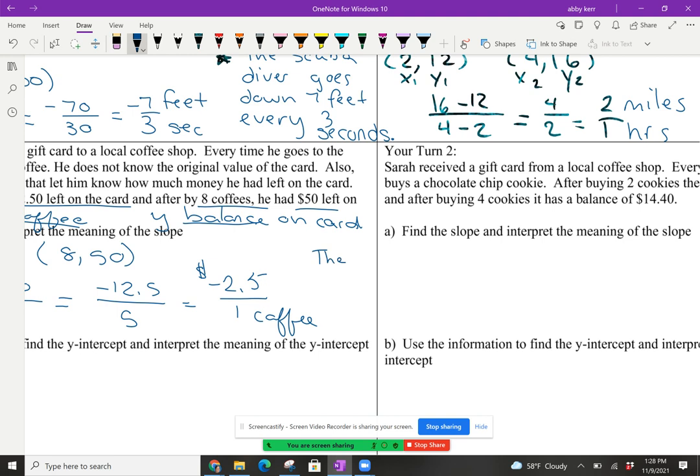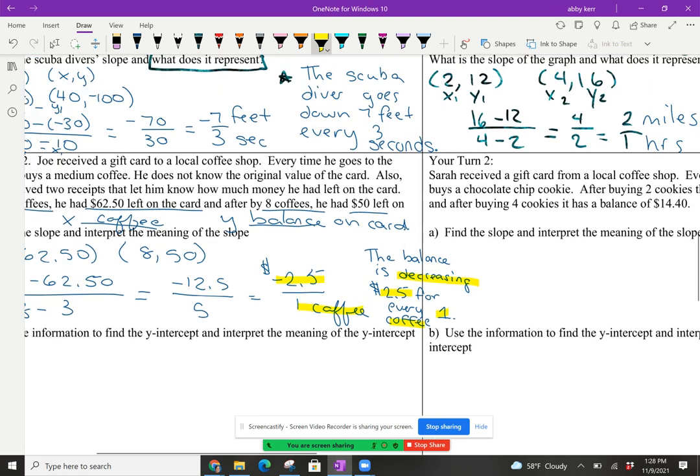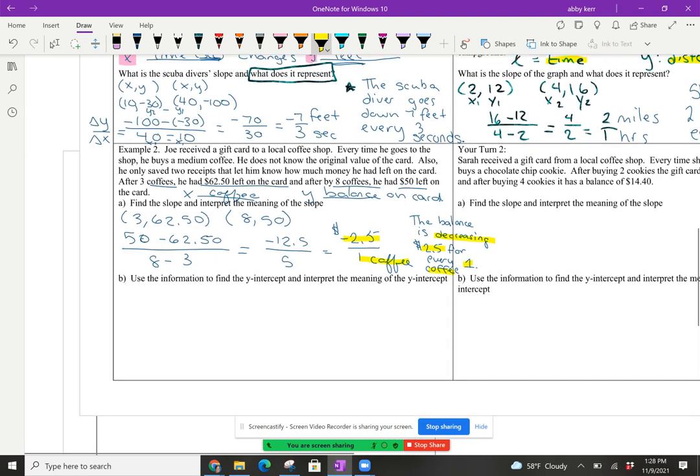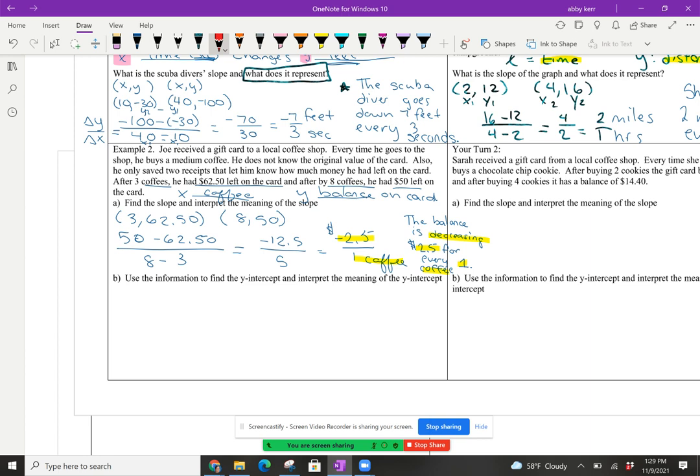So the balance is decreasing $2.50. Notice I'm not using negative 2.50. I'm using the word decreasing for every coffee. And you can put for every 1 coffee if you want. 1 coffee is mentioned, negative 2.5 is mentioned. So that's really helpful.